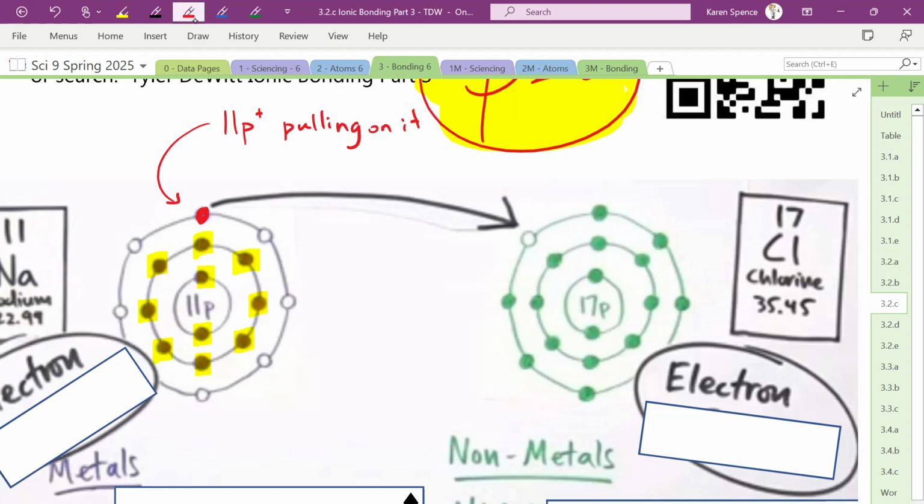So there are 10 electrons pushing out. So if you have 11 pulls and 10 pushes, what is your net amount of pushing and pulling? You have 11 pulls, 10 pushes. The net is 1 pull, okay?